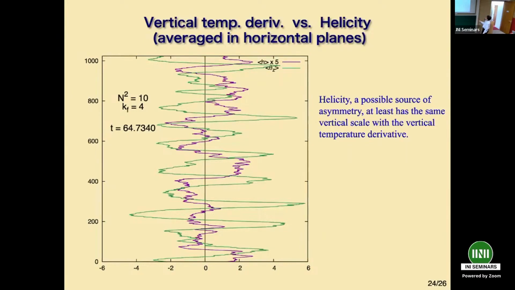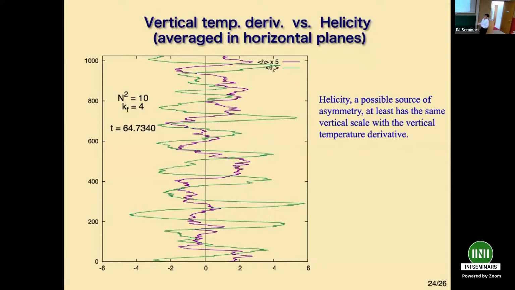Purple is the helicity curve, averaged in the horizontal planes, and green is the temperature gradient. At least helicity, a possible source of asymmetry, has the same vertical scale as the vertical temperature derivatives. But we can't say more than that.